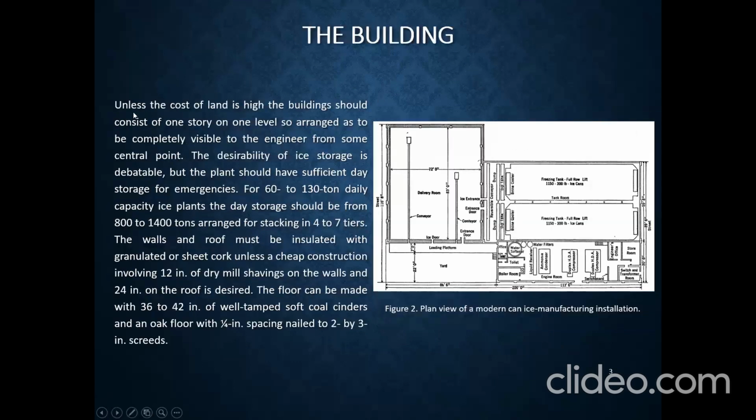So, the building. Unless the cost of land is high, the building should consist of one story on one level, so arranged as to be completely visible to the engineer from some central point.